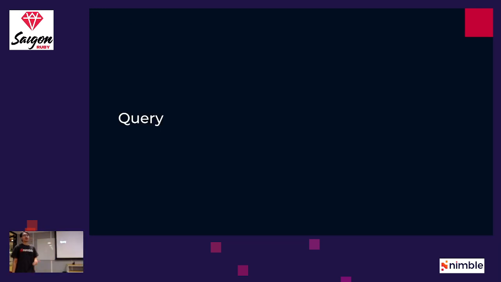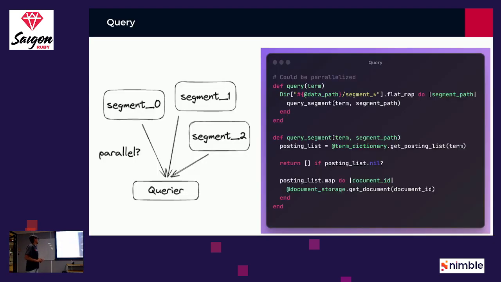Okay, finally, after all this, the rest should be smooth sailing because we have a structure by now. So query is very simple. You need to pull data from all the segments, and that's it. You get a list of the segments, flat map through it, and then you query each one of them.